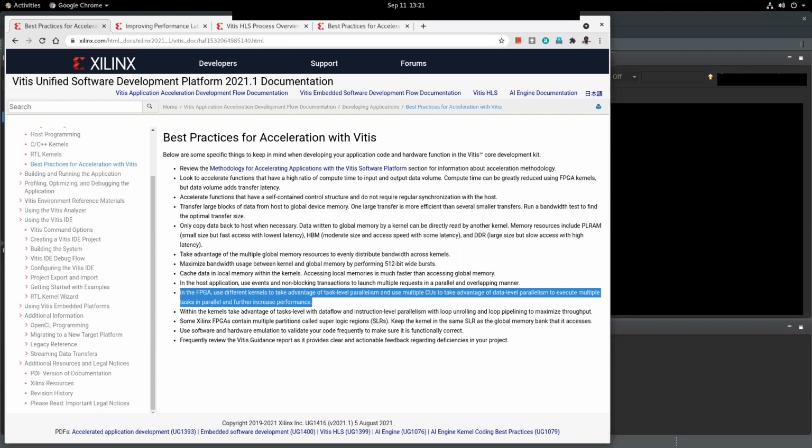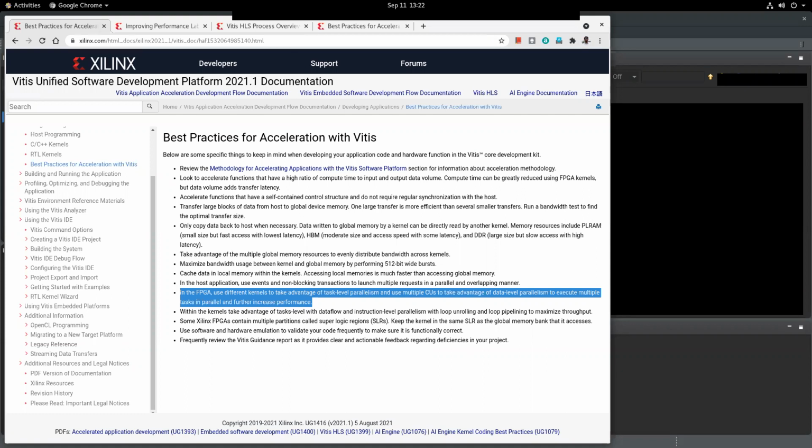It is possible for us to have multiple kernels, and you can launch all those kernels. The output from one kernel, you can stream to another kernel, or these two kernels can be completely independent tasks. So each kernel can run on its own. By having multiple kernels, you get task level parallelism.